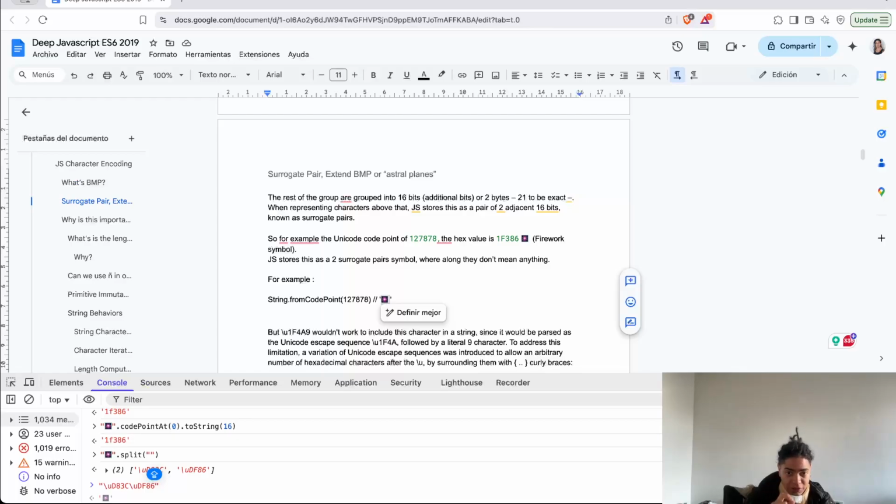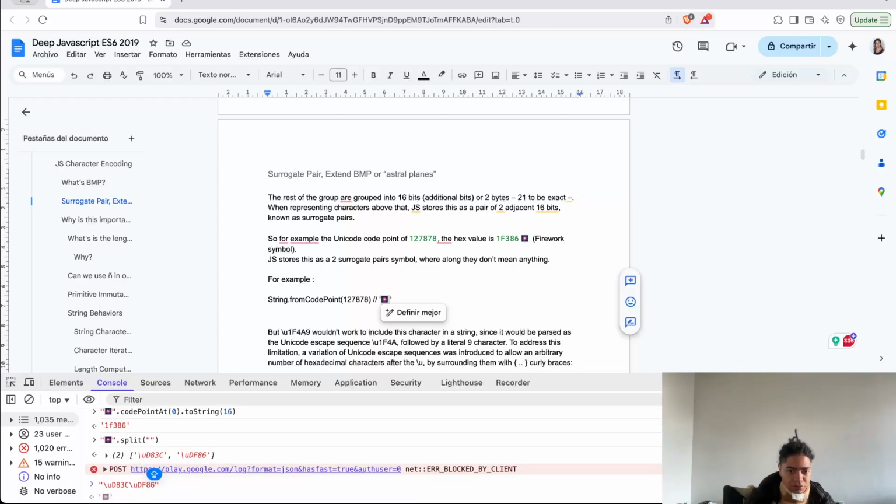Each Unicode unit is known as a length, since the visual representation of these symbols in JavaScript uses this 16-bit representation, and each one of them counts as a length. This is why when you combine them together, it gives you the proper symbol.